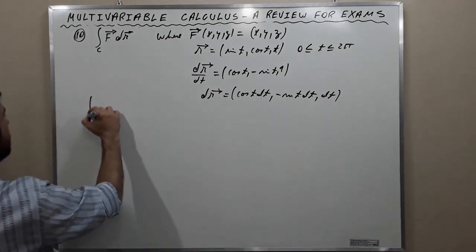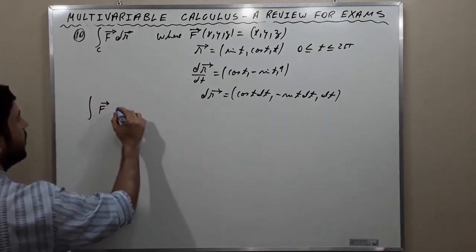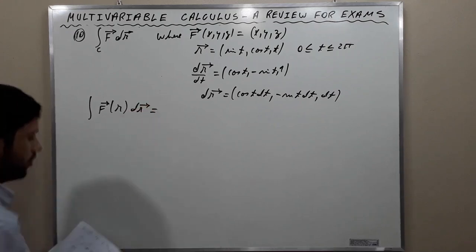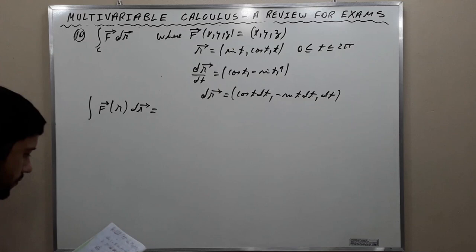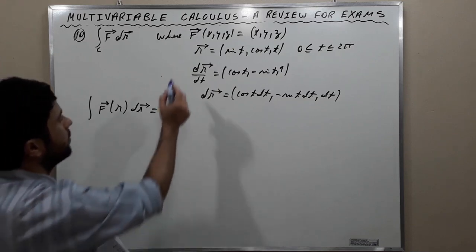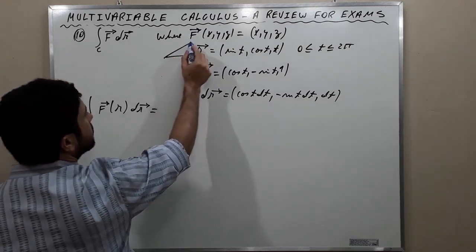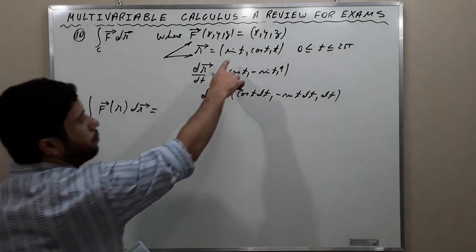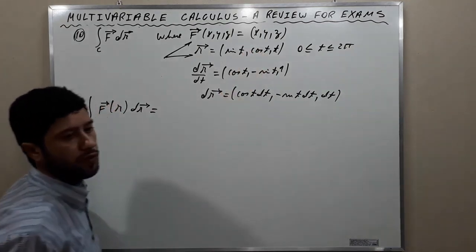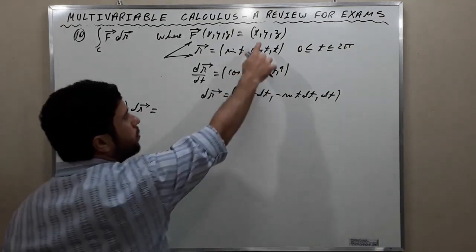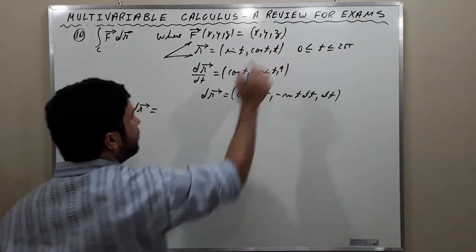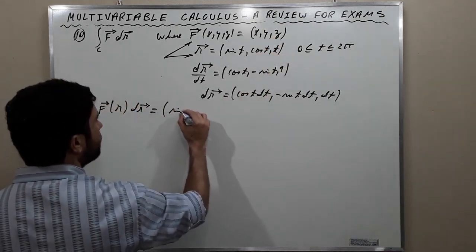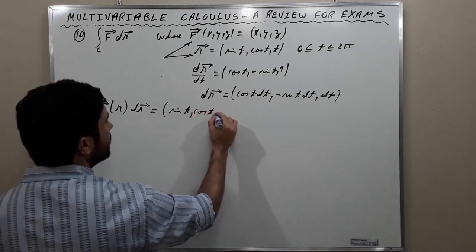Okay? And the line integral of f of r dr is equal to, we need to apply this here. We simply put sine t in the place of x, we put cosine t in the place of y, and we put t in the place of z. So it is sine t, cosine t, and t.